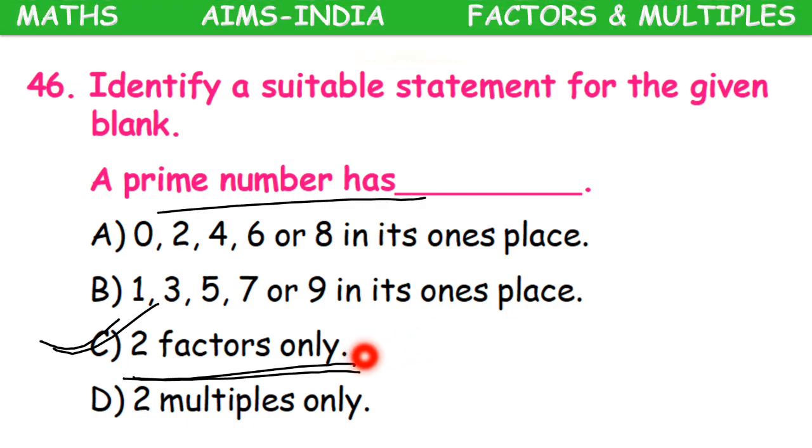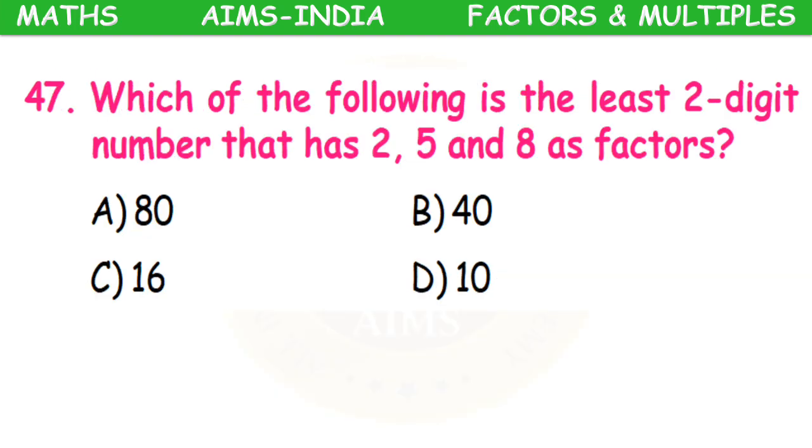It can have any number of multiples, and as we have discussed, all the prime numbers are not odd. We are having 2 also as a prime number, which is even. So not all the prime numbers are odd, or not all the prime numbers are even. The only thing we can say is that a prime number has only 2 factors.